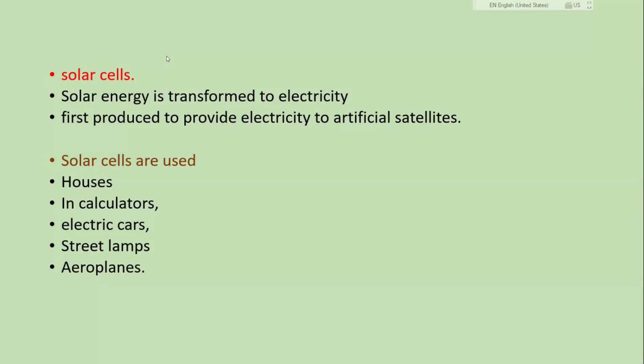First produced to provide electricity to artificial satellites.